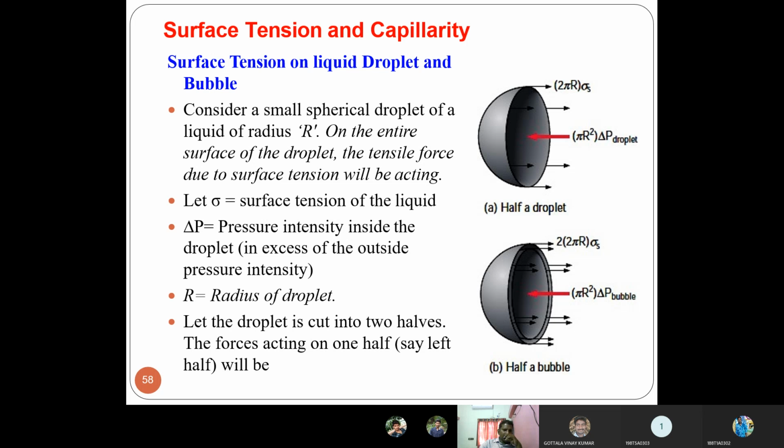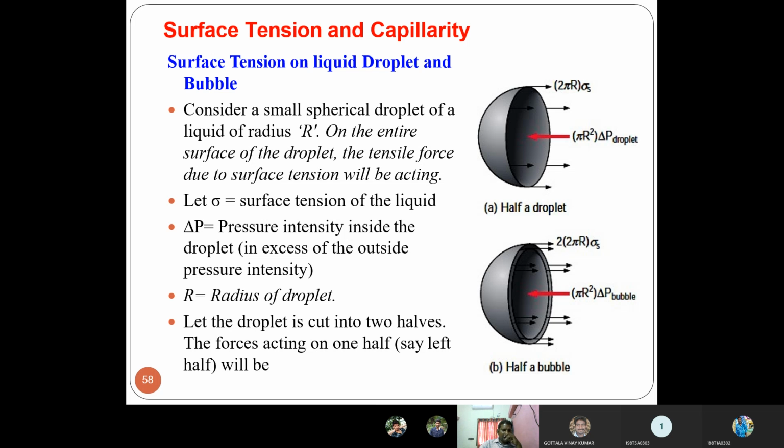Consider a small spherical droplet of a liquid of radius r. On the entire surface of the droplet, the tensile force due to surface tension will be acting. Let sigma be the surface tension of the liquid and delta P the pressure intensity inside the droplet. R is the radius of the droplet. Let the droplet be cut into two halves.